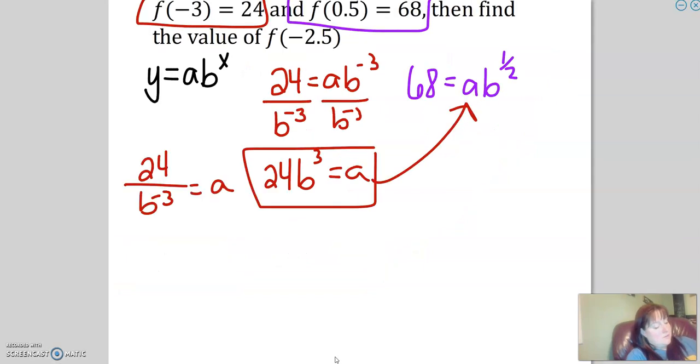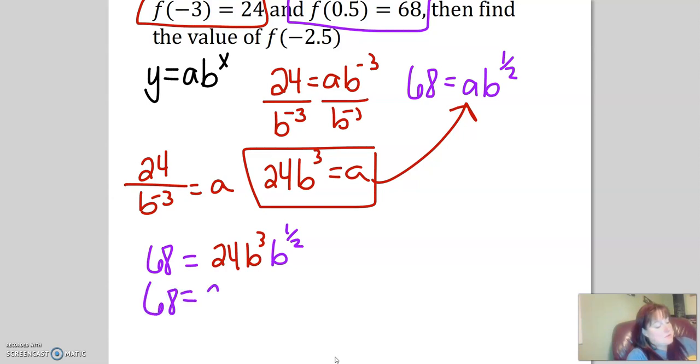So we're going to have 68 equals 24b cubed times b to the 1/2. Now remember, when we multiply two things with the same base, we can just add their exponents. So this is 24b to the 3.5.